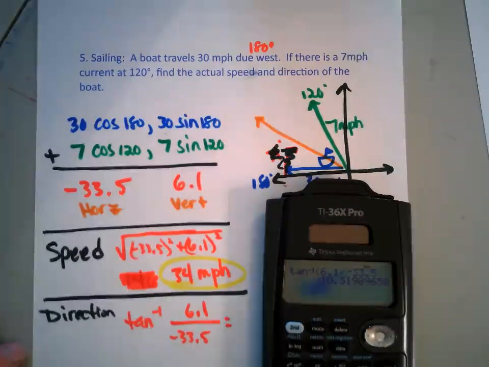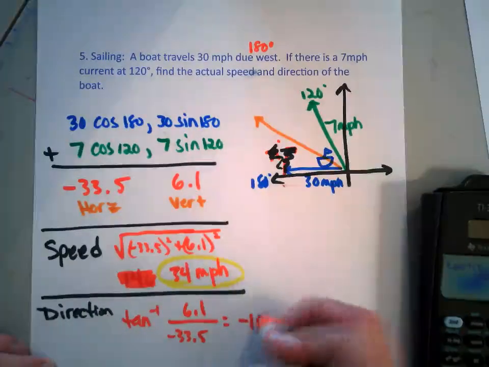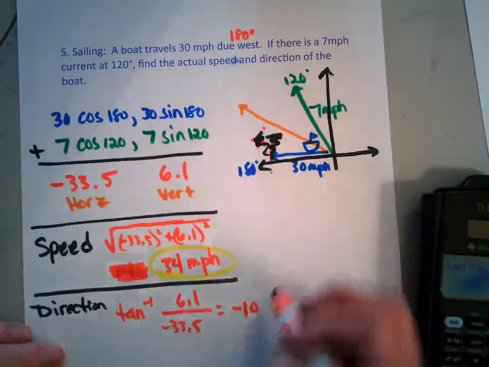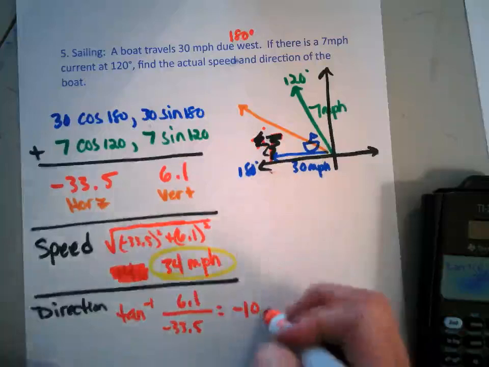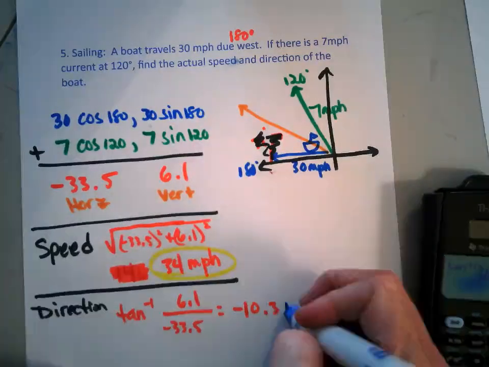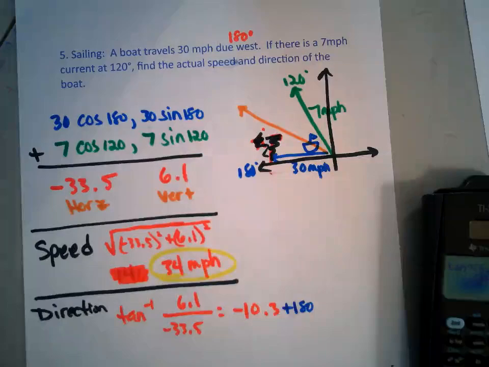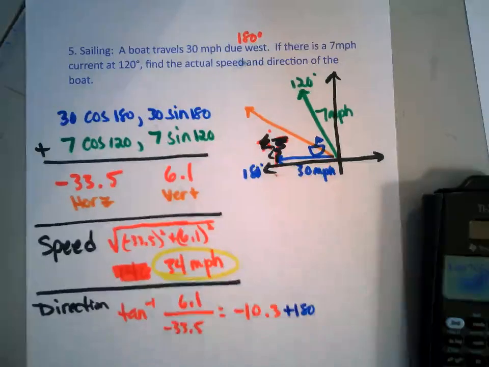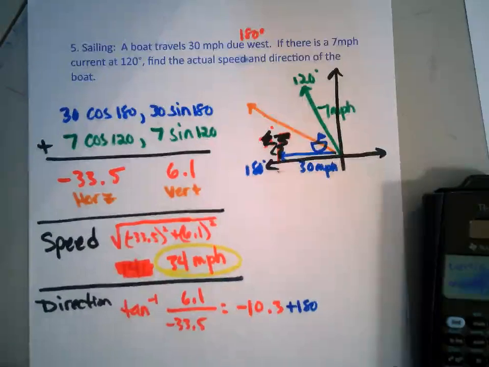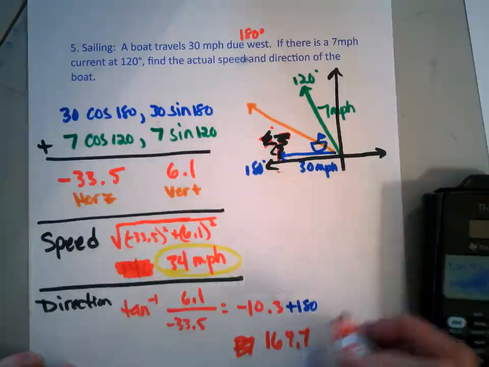Boom, negative 10.3. So we have to add 180 degrees to get it into the second quadrant. It's 10.3 degrees from the horizontal 180, so plus 180 gets us 169.7 degrees.